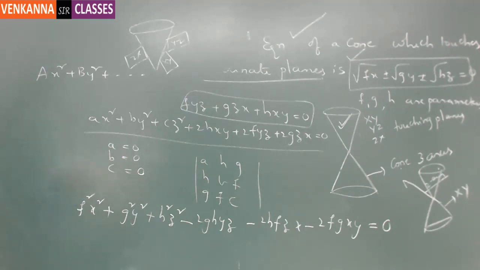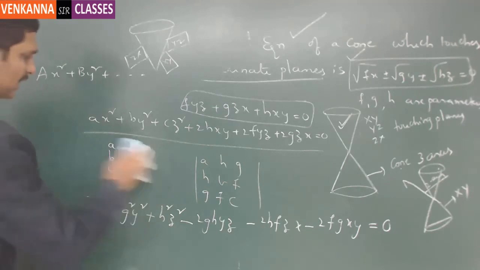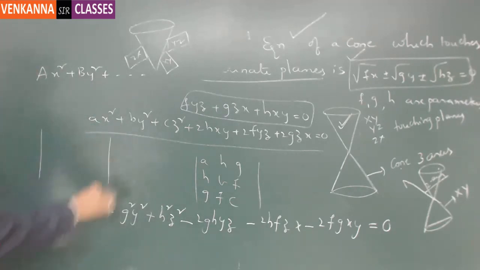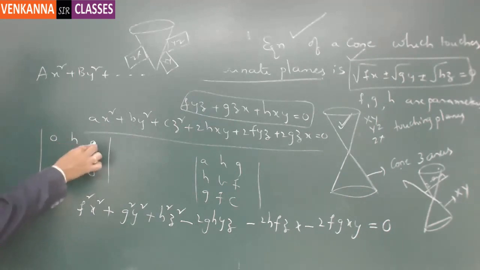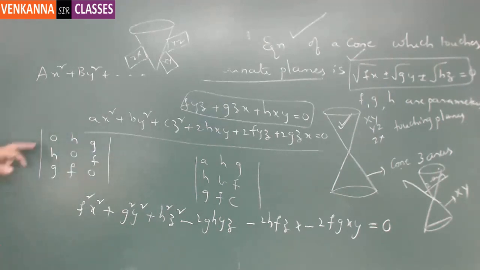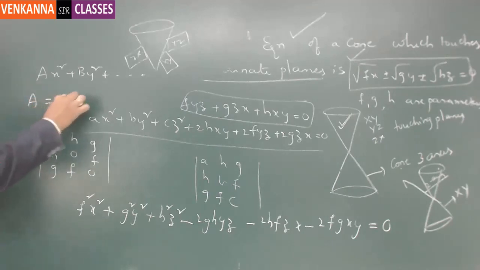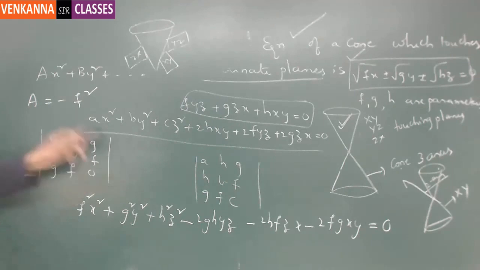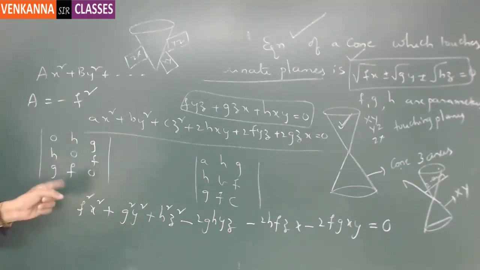So if you substitute the values in the determinant, a, b, c values are 0, h is h, g is g. If you consider the cofactor of A, it will be minus f square, agreed.